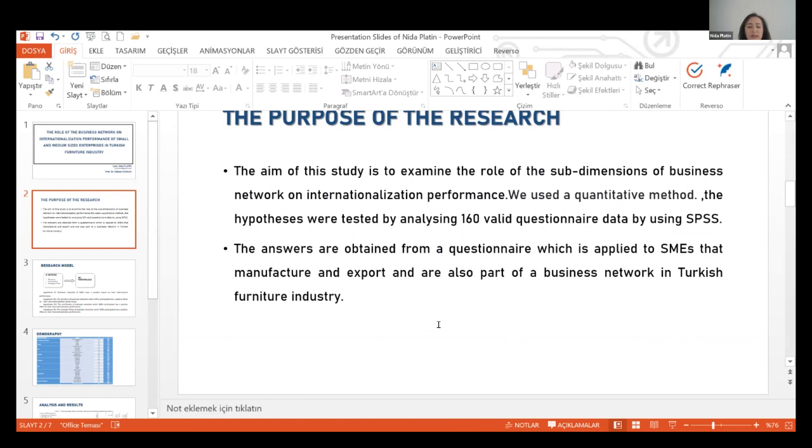The aim of the study is to examine the role of the subdimensions of business network on internationalization performance. We used a quantitative method, and we reached about 160 valid questionnaires, and we used SPSS to test the hypothesis. We collected data from the SMEs that manufacture and export in the Turkish furniture industry.